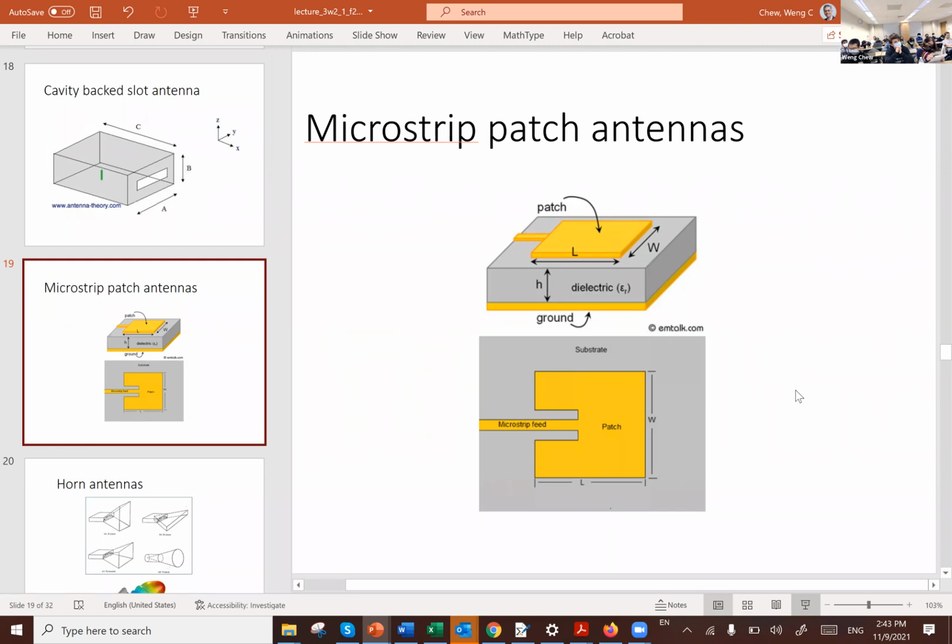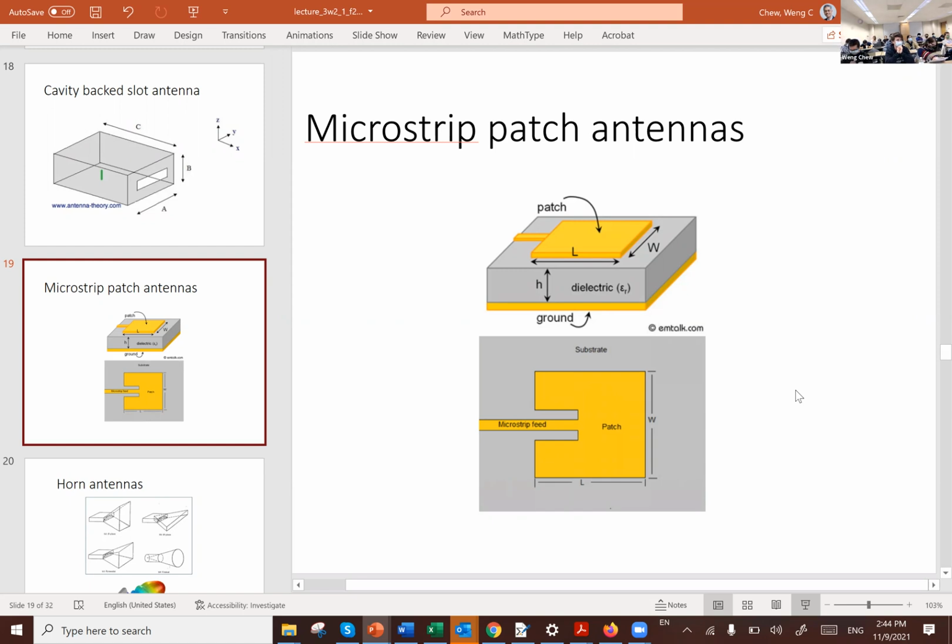If it's high Q, it's not so good for us, and all that energy is just trapped. So if you excite this antenna near its resonance frequency, it will start to radiate. It is a very good antenna with good radiation. If you operate it away from the resonance frequency, it doesn't radiate.